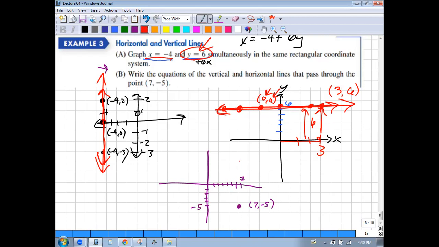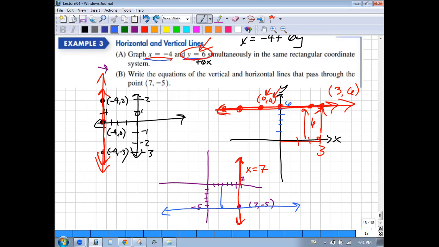They want the equation for this line. Well, every single point on that line has an x value of 7. The y value is anything you want. You can go up as far as you want or down as far as you want, but that vertical line is just x equals 7. The horizontal line going through that point: we've gone down 5.